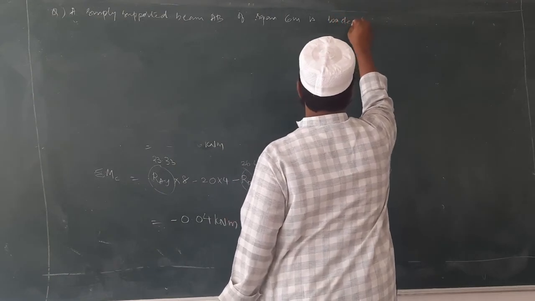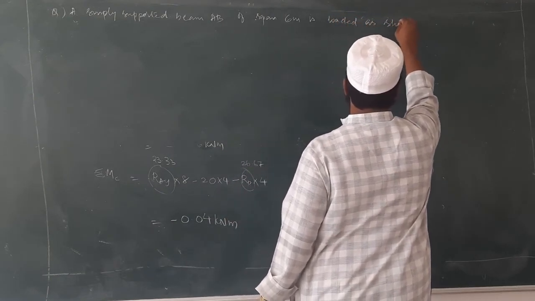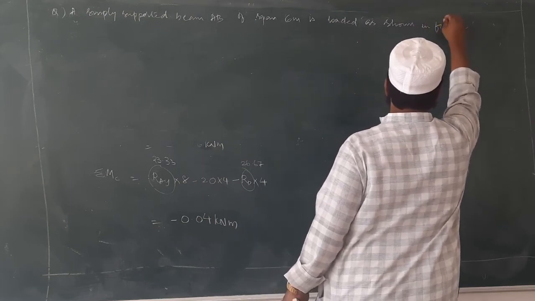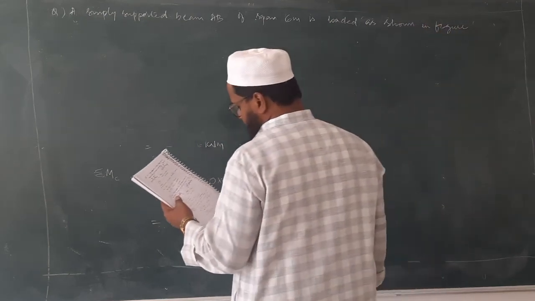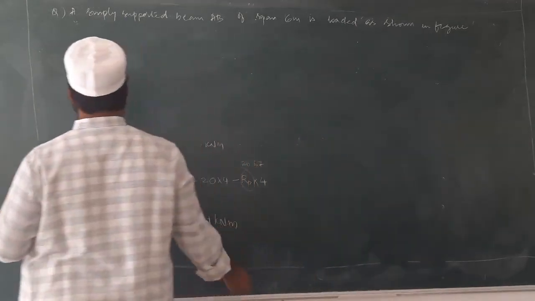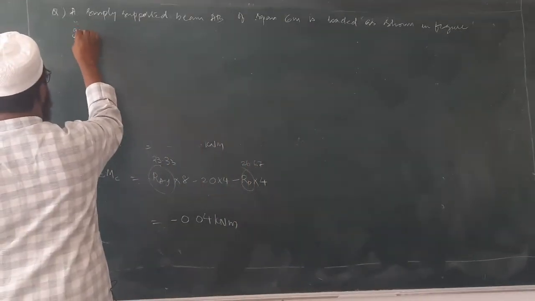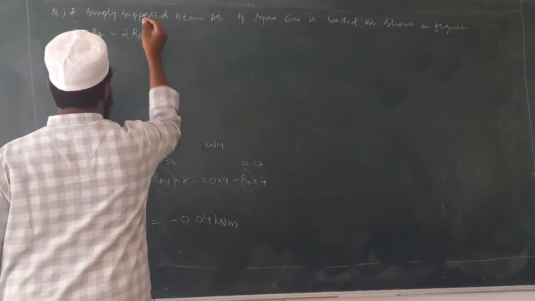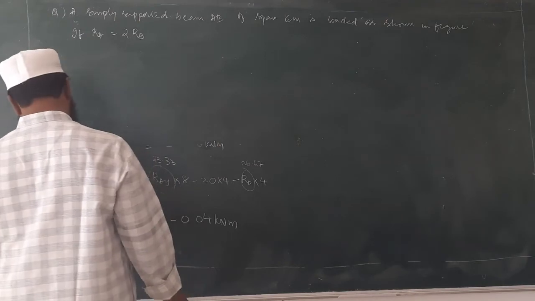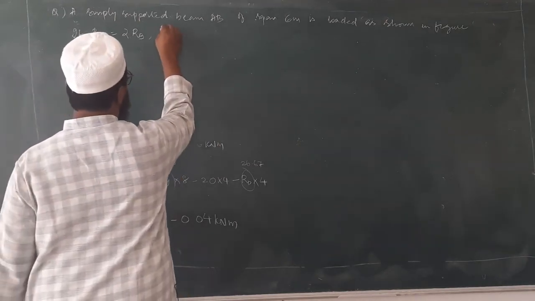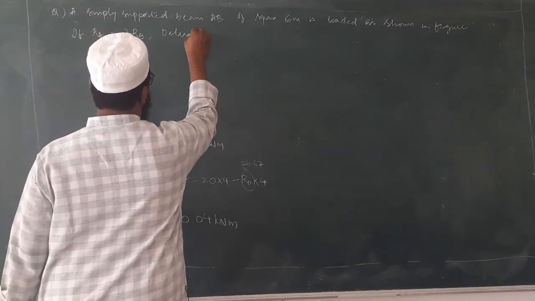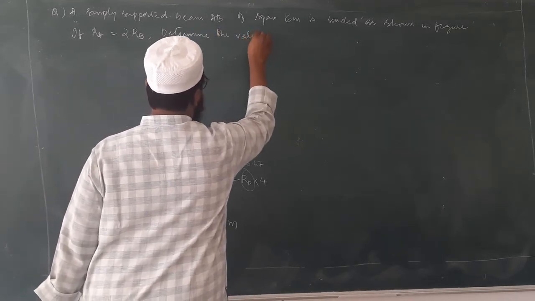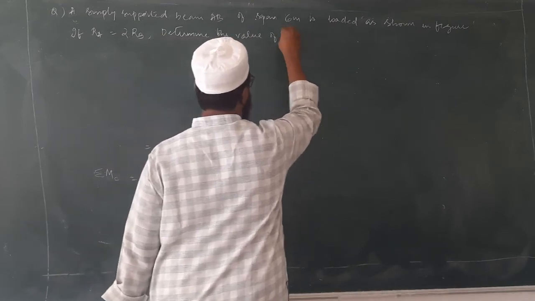If RA is equal to 2RB, determine the value of X.